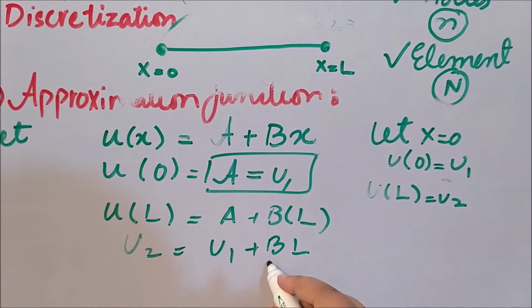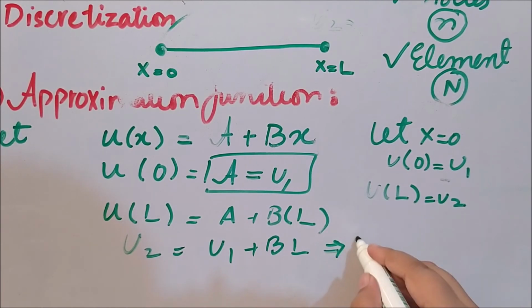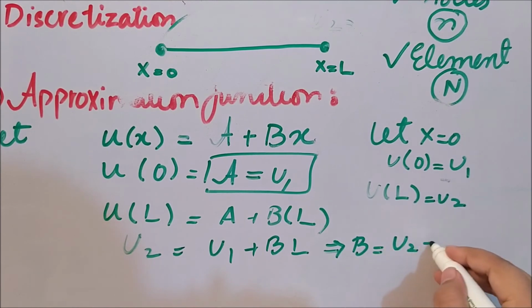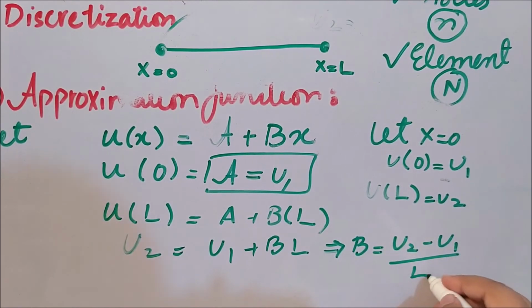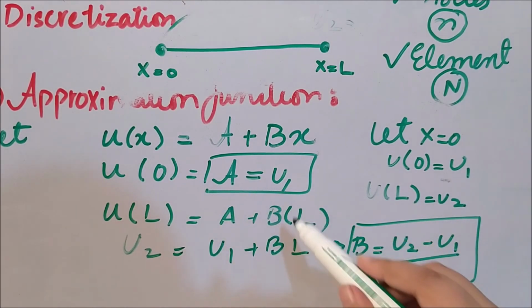In order to figure out the value of b, let's eliminate things. We get b equal to u2 minus u1 divided by L. So here we have the value of b, and here we have the value of a.